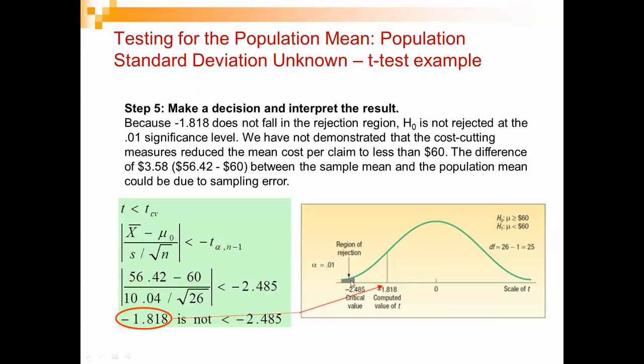Here is the region of rejection. Because negative 1.818 does not fall in the rejection region, the null hypothesis is not rejected at the 0.01 significance level. We have not demonstrated that the cost-cutting measures reduce the mean cost per claim to less than $60. The difference of $3.58 between the sample mean and the population mean could just be due to sampling error.